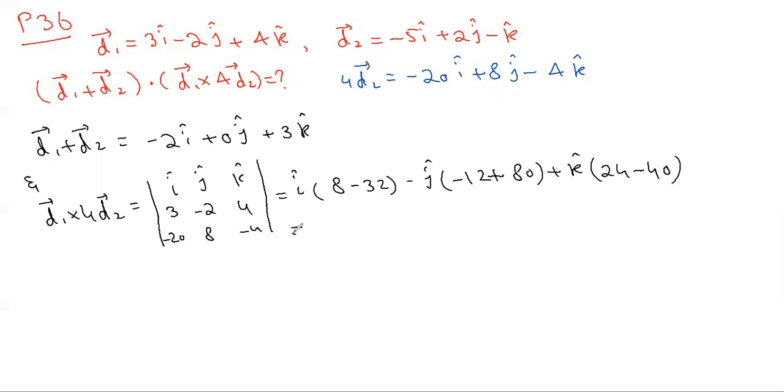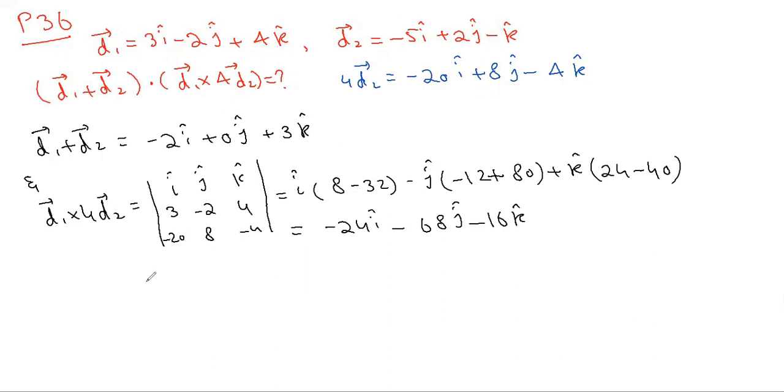This will be -24 i hat minus 68 j hat minus 16 k hat. So we have found both d1 plus d2 and d1 cross 4 d2.